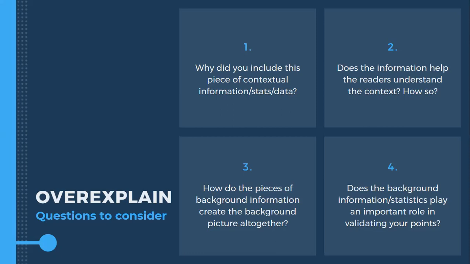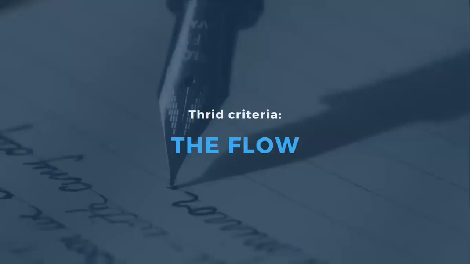Fourth, does the background information or the statistics play an important role in validating your point? Is it really important in convincing your readers that your main point is important? If it is, then yes, it should be included in the background section. If you find out that your point would still matter anyway, with or without that background information, then maybe consider leaving it out for the sake of being concise, right?